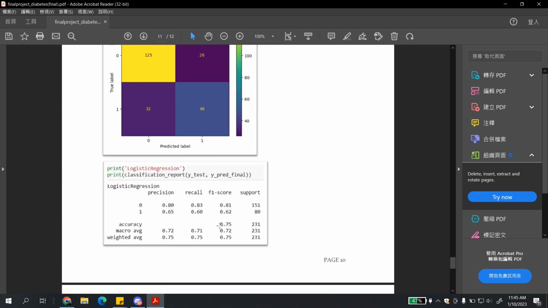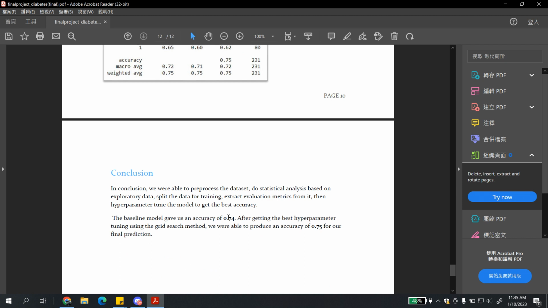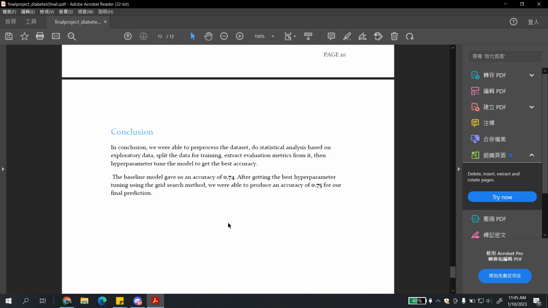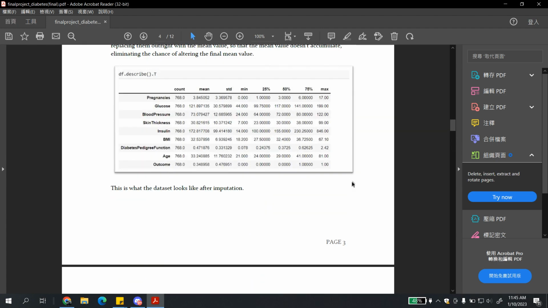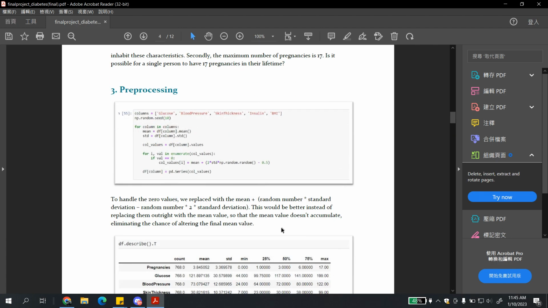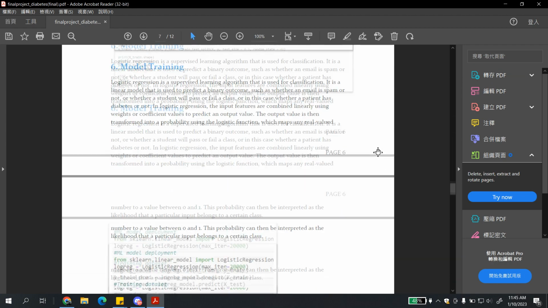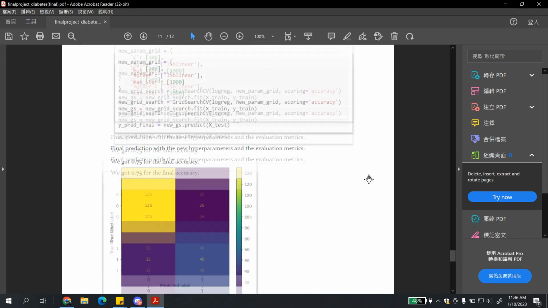So I think the inaccuracy of the prediction model boils down to the data itself. Maybe there's more features that need to be implemented, or maybe it's a problem after the imputation process. Maybe there's too much randomness that is not accurate to real life values.